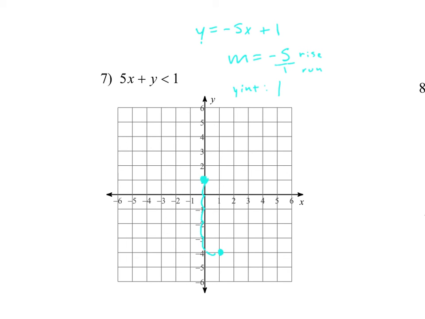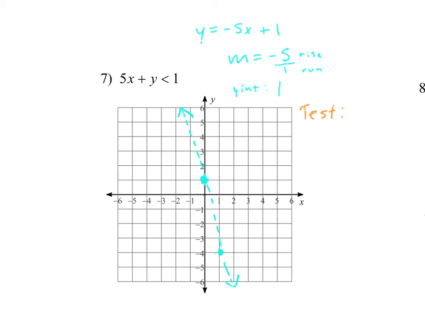Now we need to test a number. What can we test? 0, 0. So we're going to plug in 0 for x and 0 for y. So 0 plus 0 is less than 1. 0 is less than 1. Is this true? Yes.